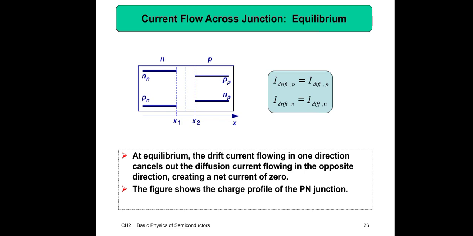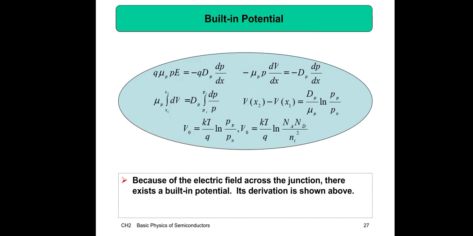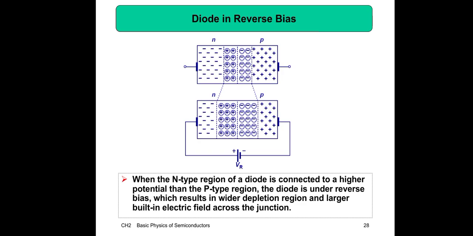So the charge profile of the p-n junction is shown in the diagram. So basically this is p-n junction diode in reverse bias. Up to now we were studying p-n junction diode in equilibrium when there was no biasing.